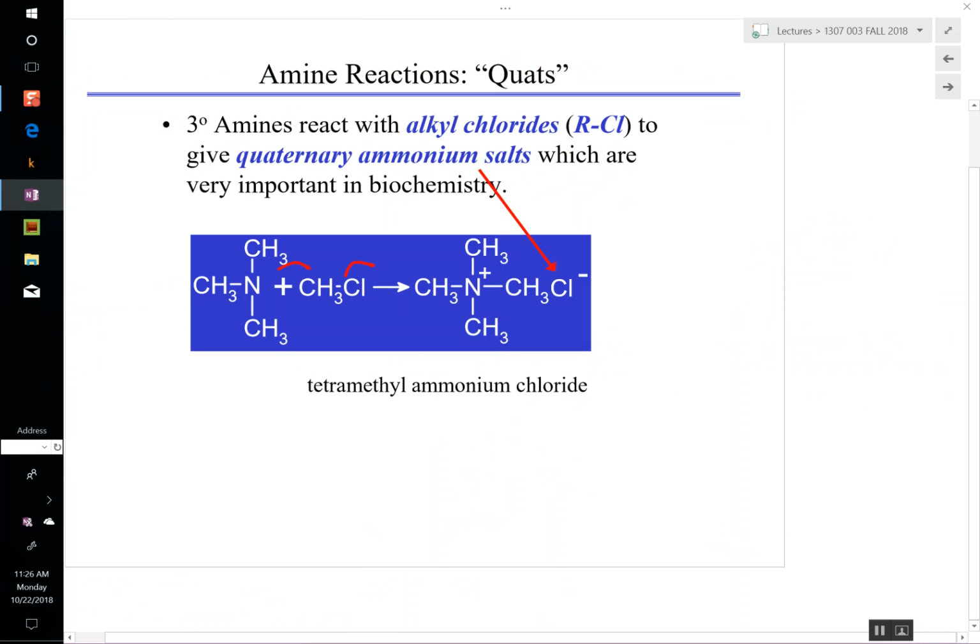Yeah, that's what makes it ammonium. +1 charge, 4 things around the nitrogen. When you have 4 things substituted on the nitrogen, it's going to have a +1 charge. Okay.